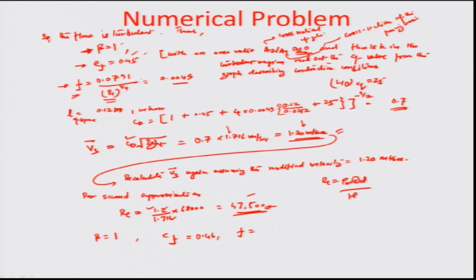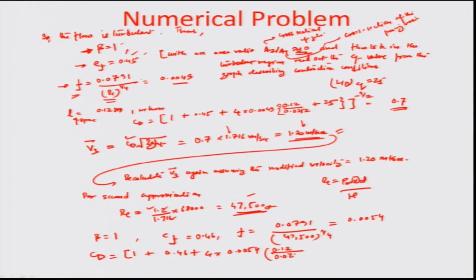We also have the wall friction factor f coming out as 0.0791 divided by the new Reynolds number 47,500 to the power 1/4, from fluid mechanics theory. So, this is coming out to be 0.0054. If I compute the CD coefficient here, the CD comes out to be 1 plus the EF, that is 0.46, plus 4 times the wall friction factor 0.0054 times L by the diameter on the smaller side, where 0.12 is the length and the diameter of the gate is 0.0252.